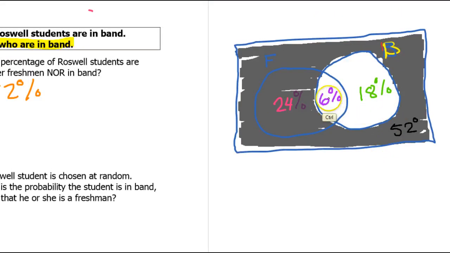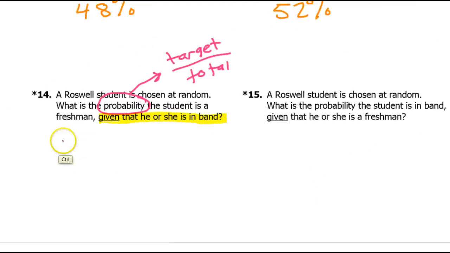The total is 24. It's the 18 plus 6. So when I do target over total, the total is now 24. The target is freshman, because that's what I'm trying to find the probability of.